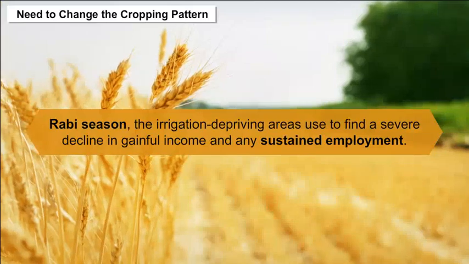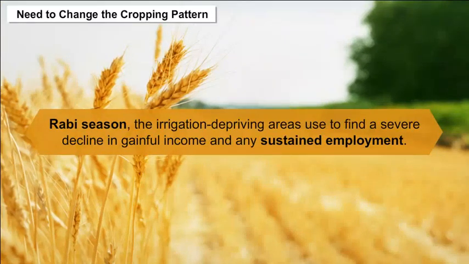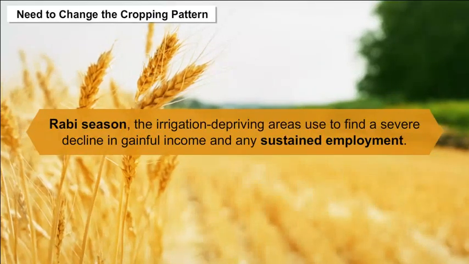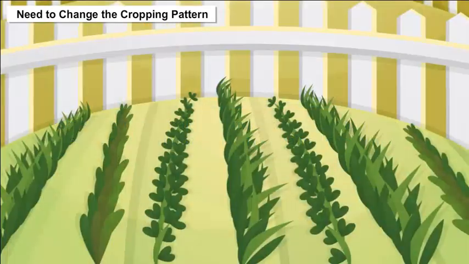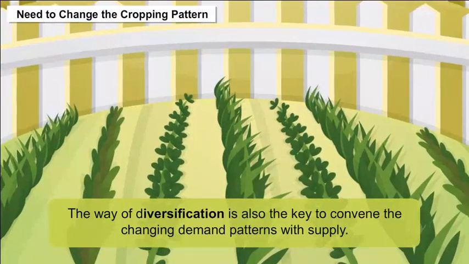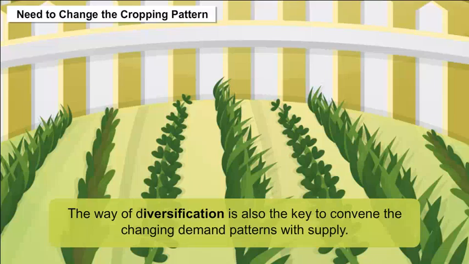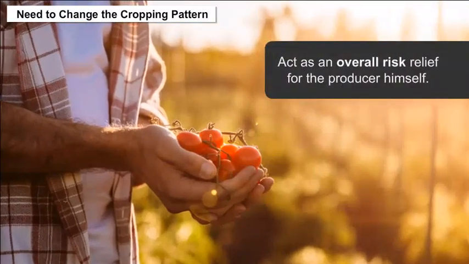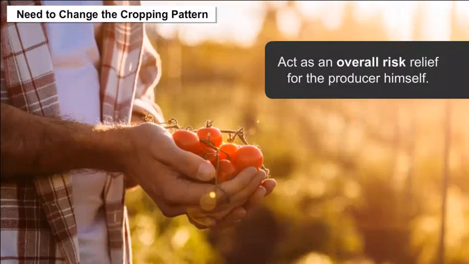The irrigation-deprived areas used to find a severe decline in gainful income and sustained employment. Diversification is also the key to meeting the changing demand patterns with supply and, more importantly, to act as an overall risk relief for the producer himself.